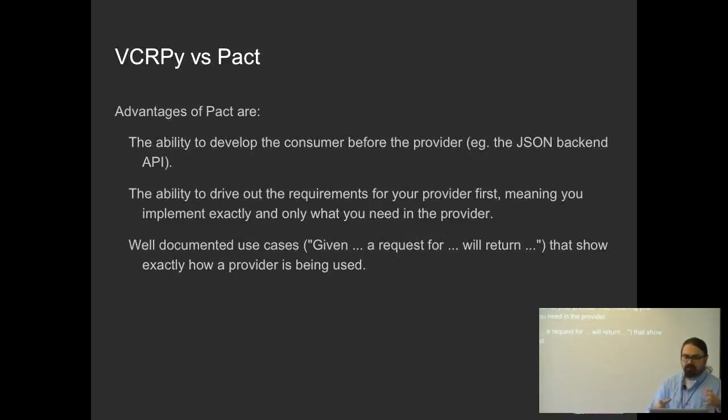But with Pact, you don't need the consumer or provider to be online and ready. You can start defining your contract early on, and you can run your test against that contract. Another nice thing about Pact is that, unlike VCR, it gives you, given a request, what will be returned, right? It's almost like documentation that you can reuse in the end.